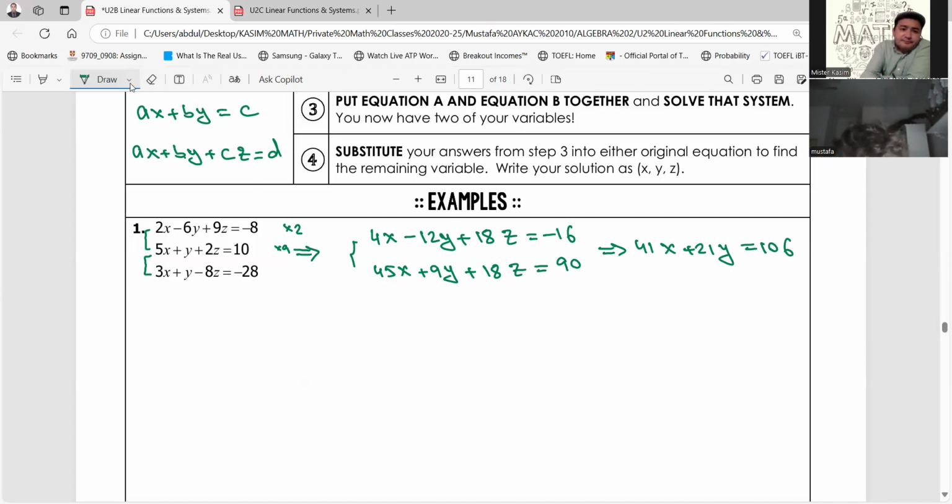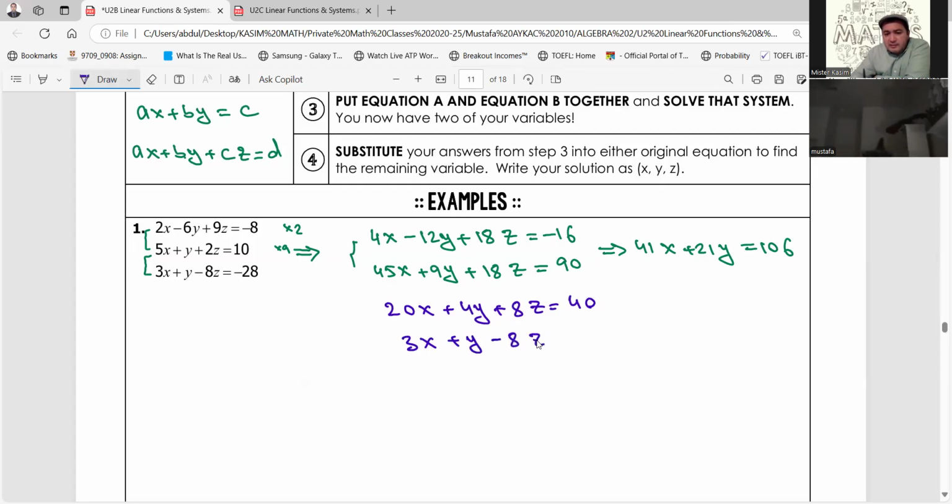In a similar way, how about using the second and third equations to eliminate z? First, multiply the second equation by 4: 20x + 4y + 8z = 40. The third equation we don't have to multiply, since they already have opposite coefficients: 3x + y - 8z = -28.